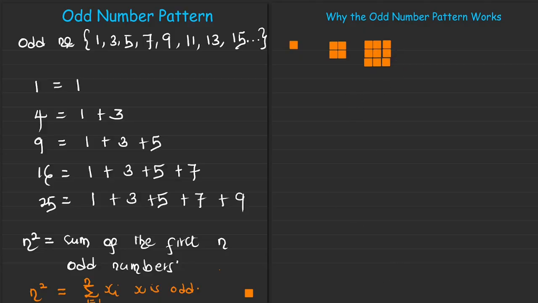So in total, how many have we added? 1, 2, 3, 4, 5. That is what keeps happening. We started with 1. We needed to add another 3 to cover this 1. And then we need to add another 5 to cover the previous one. We would also need to add another 1, 2, 3, 4, 5, 6, and then the corner here, 7.